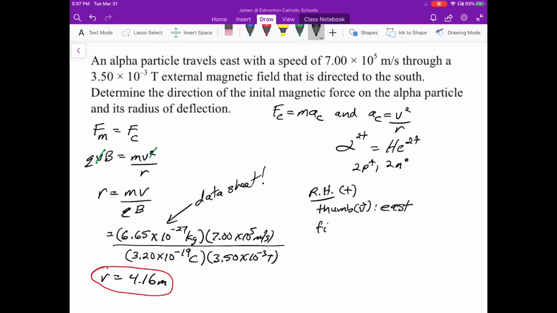Your fingers represent the direction of the external magnetic field, and that is south. Your palm ends up being the direction of the magnetic force.